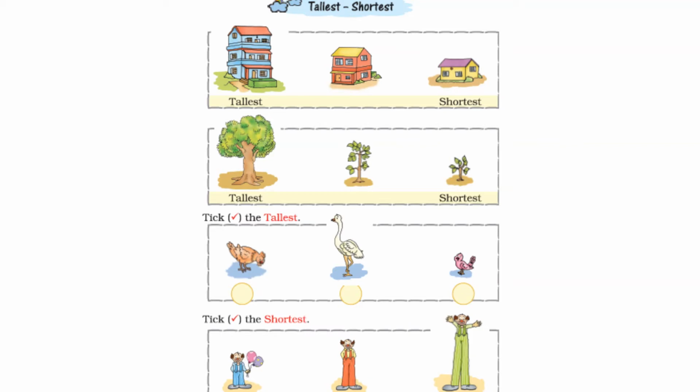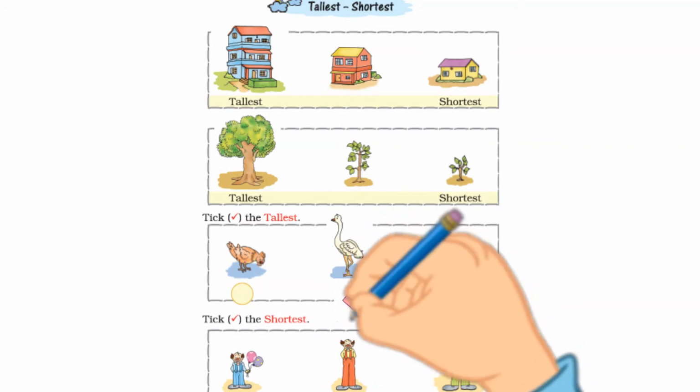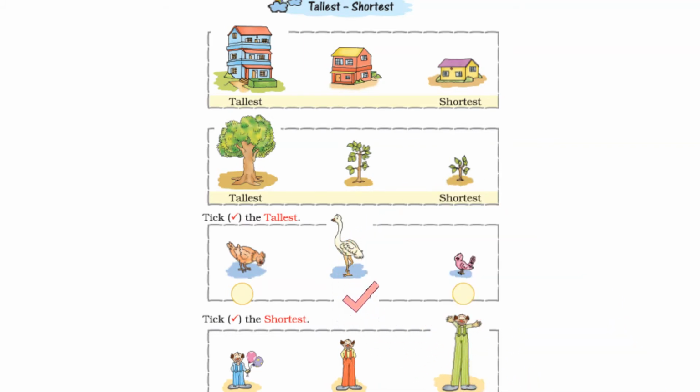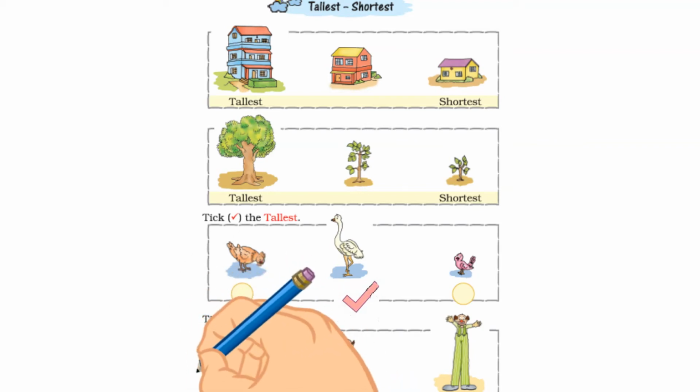Among these three birds, who is tallest? The middle one. Correct. Next. Who is shortest? The left one is shortest.